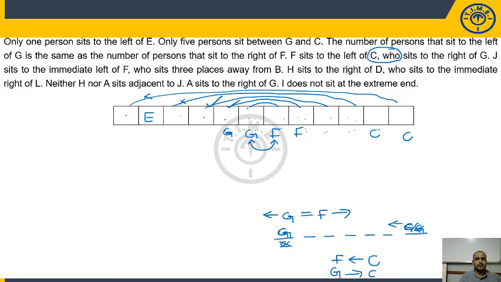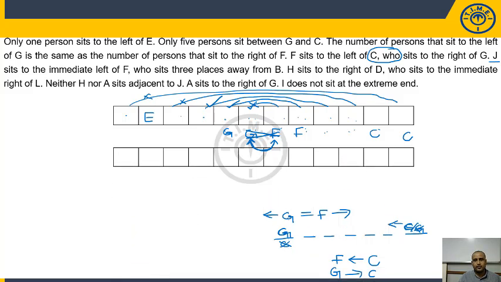So all these three projections are working. Okay. But what is the next clue immediately given? J sits to the immediate left of F. So J sits to the immediate left of F means in this case G is to the immediate left of F. So this possibility is ruled out. So this is gone. So still we have how many possibilities? 2 possibilities.